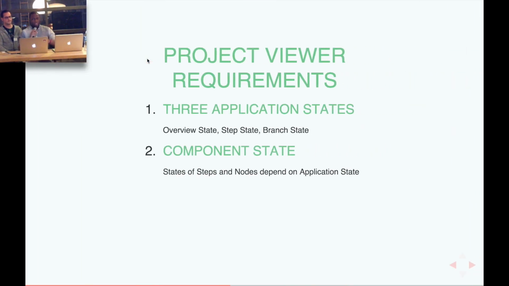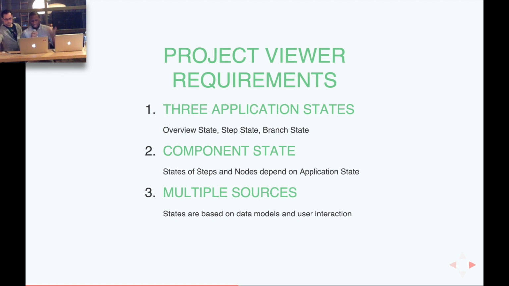So then there's the component state, and they're all based on the application. If I'm on one step up here, a node all the way down on the project knows that I'm not focused on it right now, so it might be faded out. But the node close to the top, that is in focus, has to know that it is in focus. So it has to have the right state.